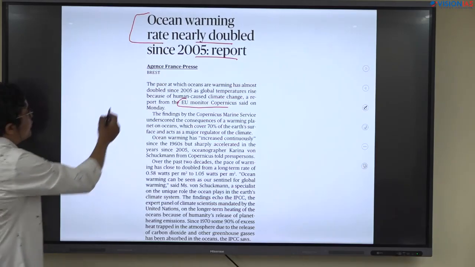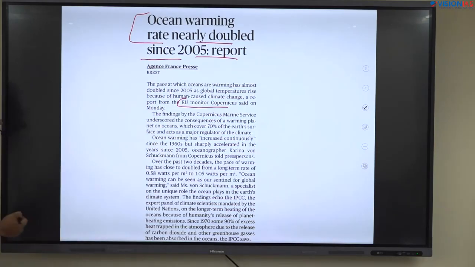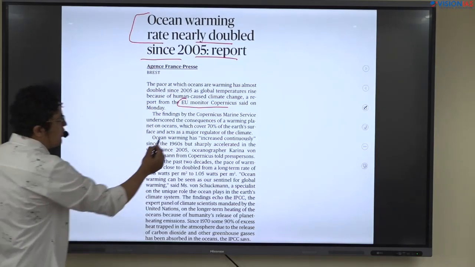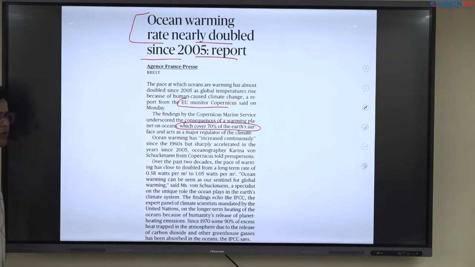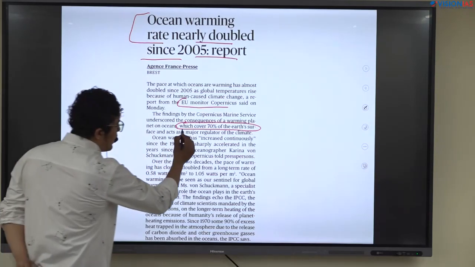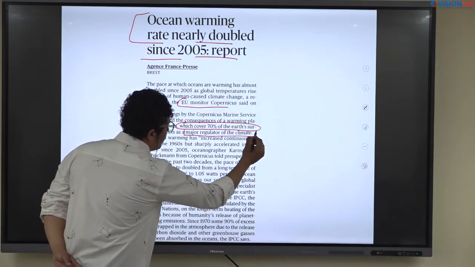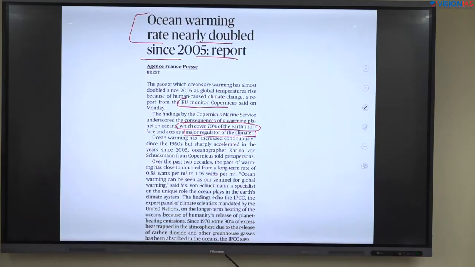Since 2005, it has doubled. Ocean covers 70% of Earth's surface, and ocean regulates the climate on Earth. Oceans are important because they regulate the climate on Earth. But our oceans are becoming warm day by day.